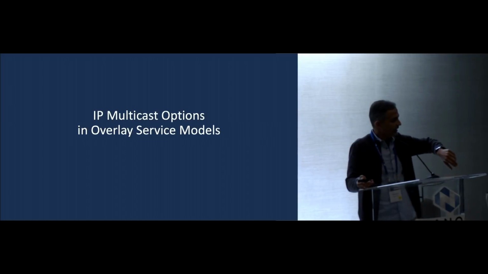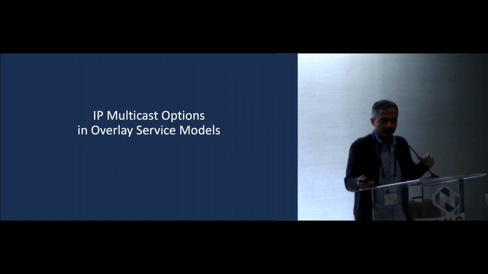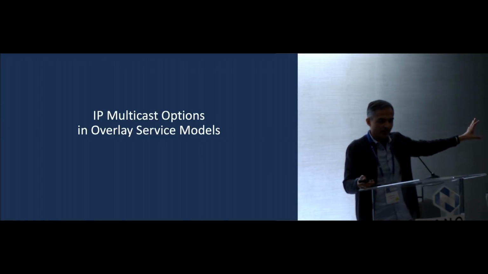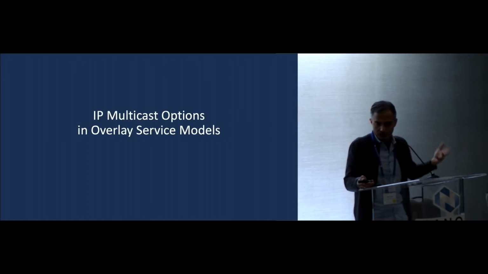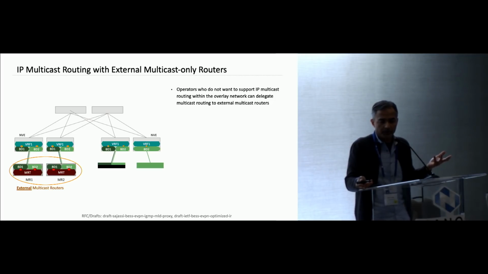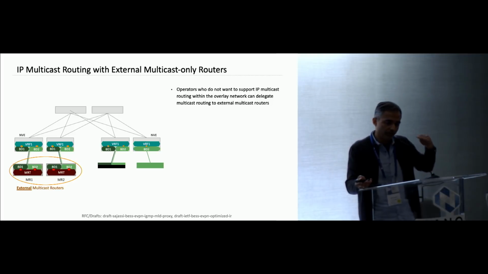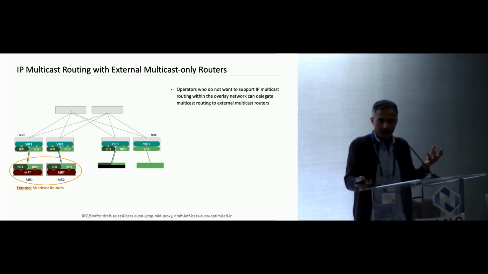And finally, I'm going to go over how you do multicast in the existing overlay service models today. You can do it with external multicast-only routers. All of your unicast routing can happen in the overlay, and your multicast routing can happen with an external gateway.